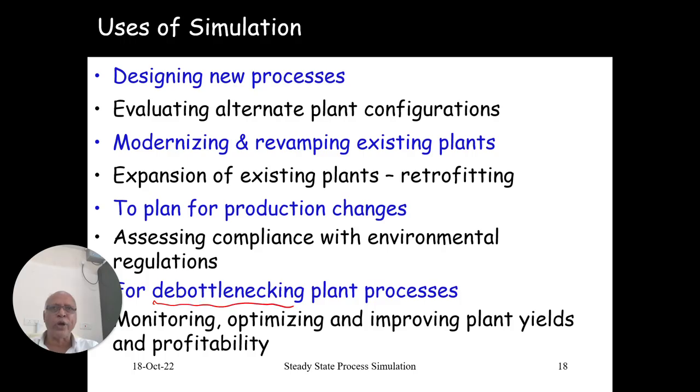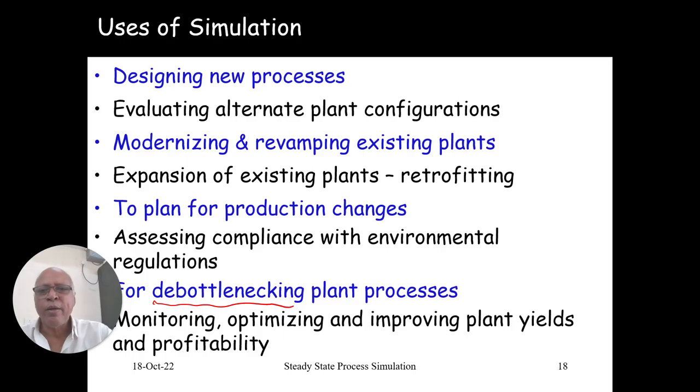Maybe you replace that single equipment with a new equipment, or put another equipment of a smaller size and operate it in series, so that you will be able to handle this extra capacity. Normally, the amount of investment that goes into replacing one or two equipment in the entire process, vis-a-vis the profit that you will be able to get, the return on investment will be quite attractive.